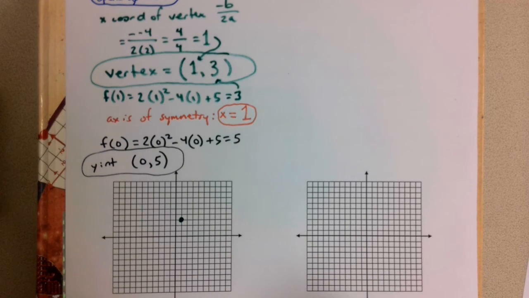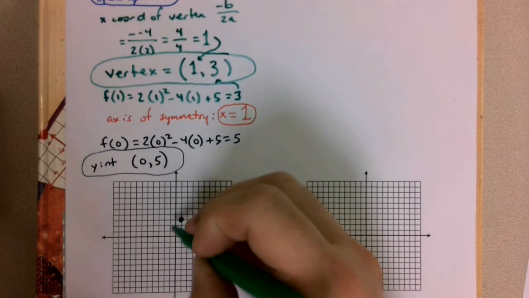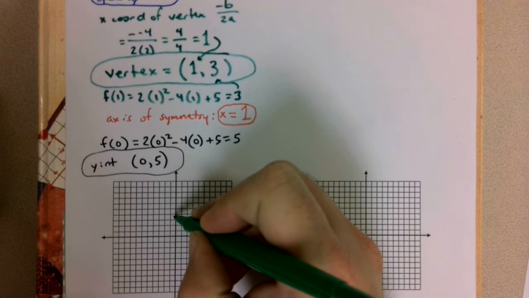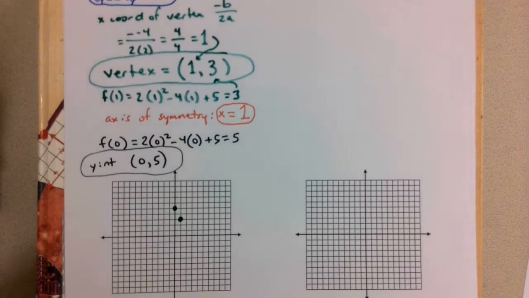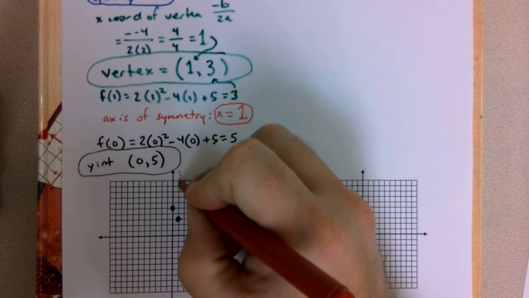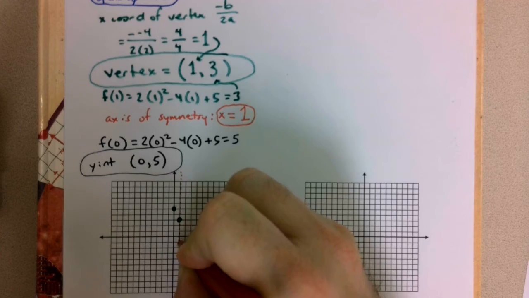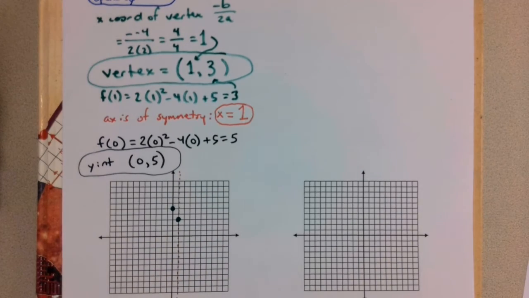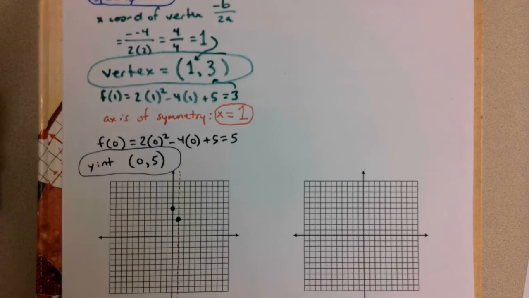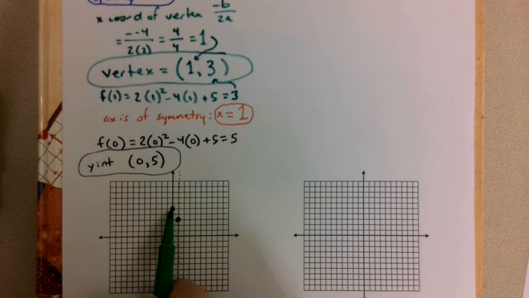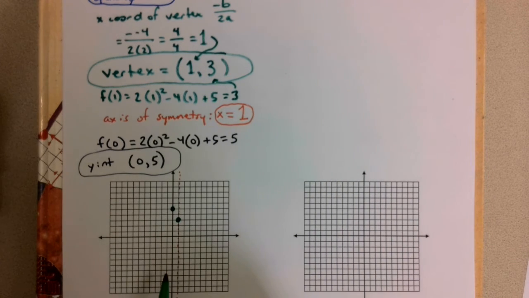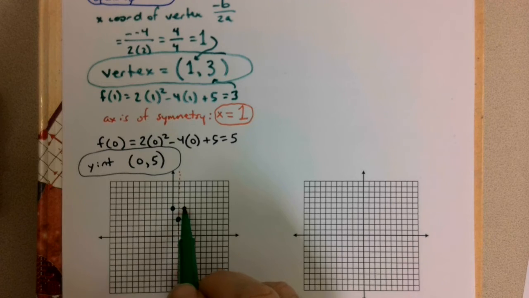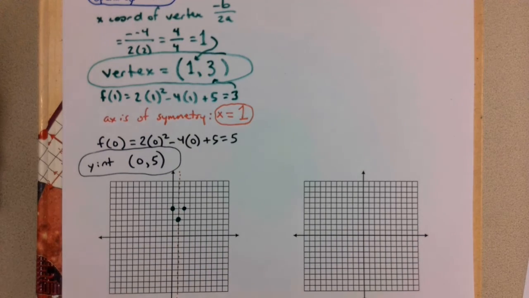There's 1, 3, our vertex, and 0, 5 also. The axis of symmetry goes through the vertex, so it would be a vertical line through the vertex, and then you can use that to find more points. The y-intercept at 0, 5 is 1 unit over from our line of symmetry, so we could go 1 unit over to the right and get another point.